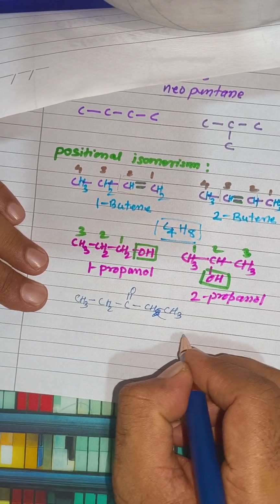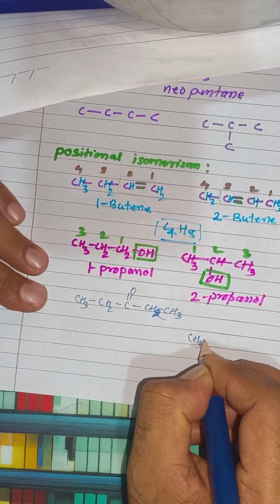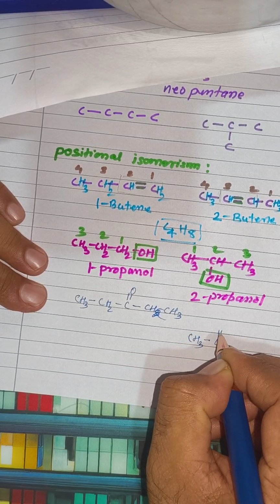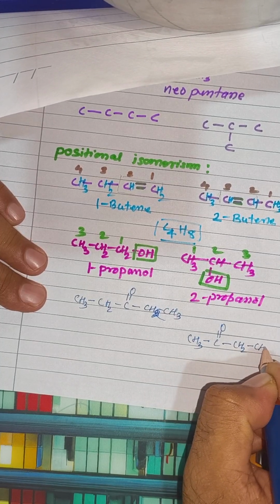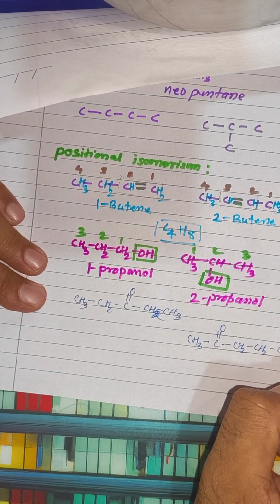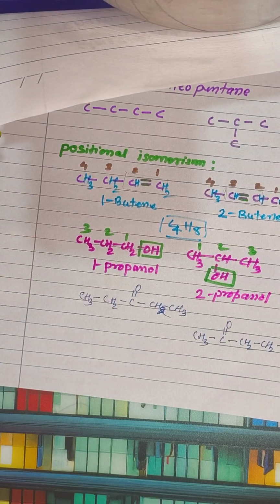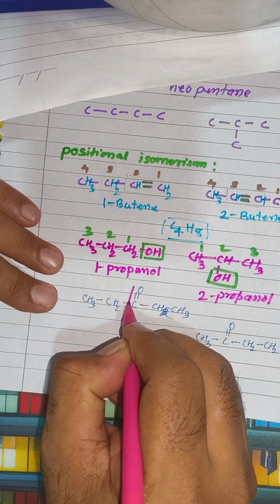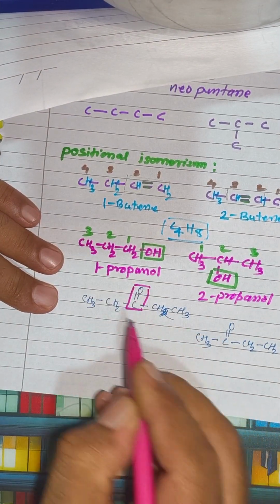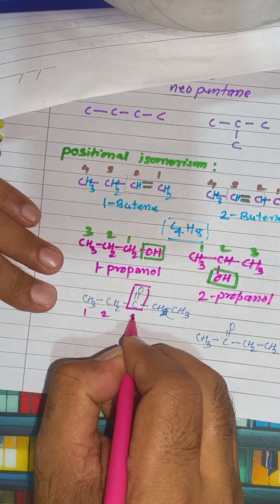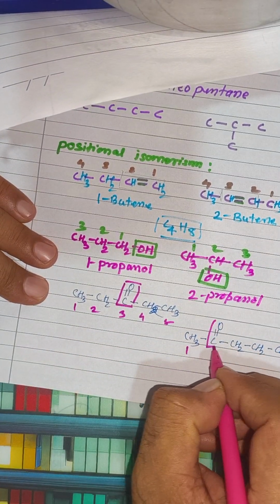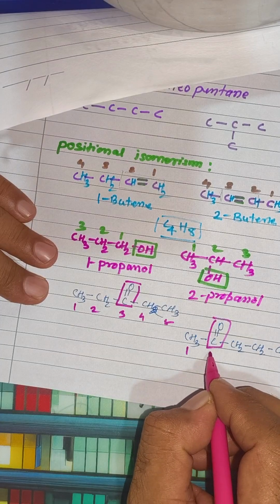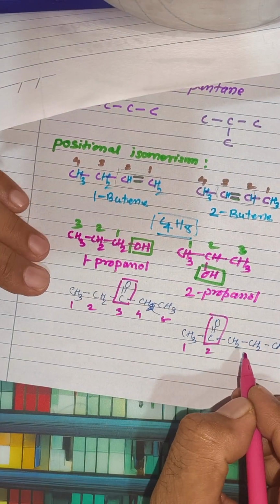I can write its isomer: CH3, C double bond O, CH2, CH2, CH3. Here the carbonyl group is at carbon 3 of 5, but here it is at carbon number 2.